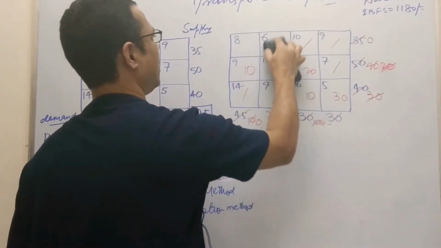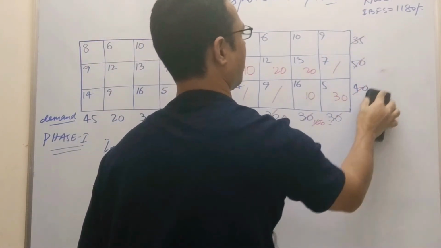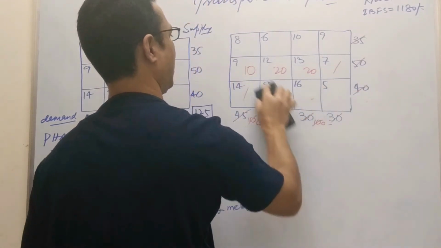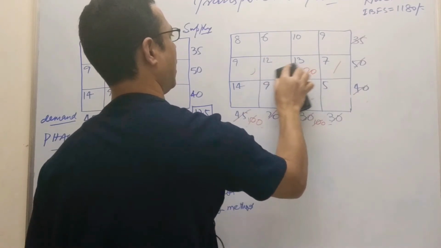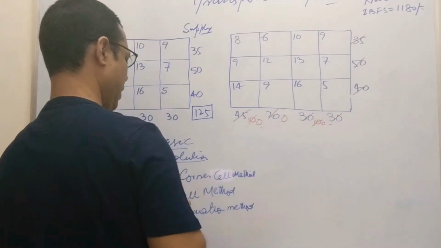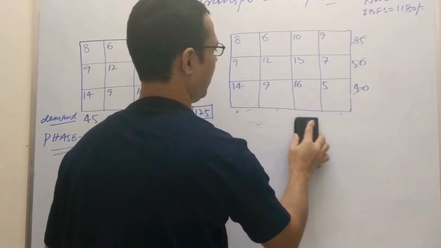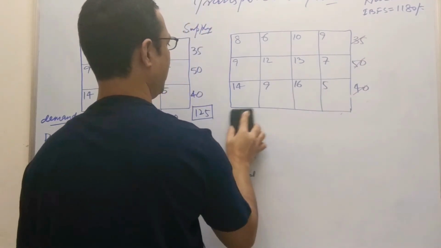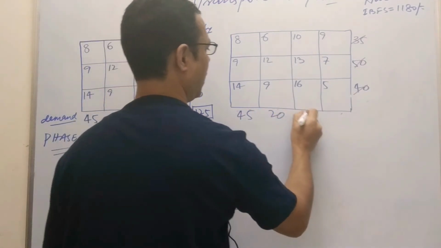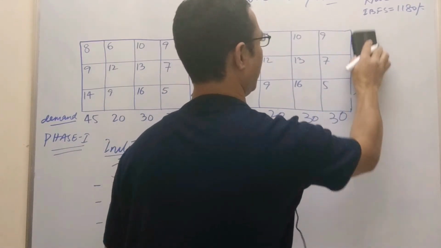Same question. I'm not going to change the question. So here I will erase and write 45, 20, 30, 30 again, and here 35, 50, 40.